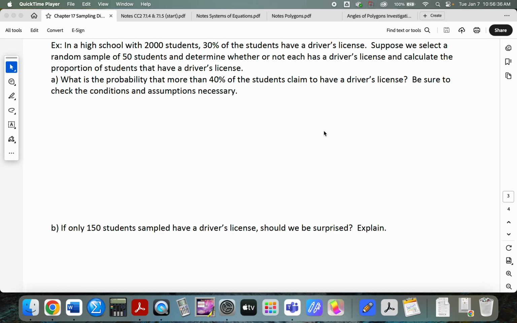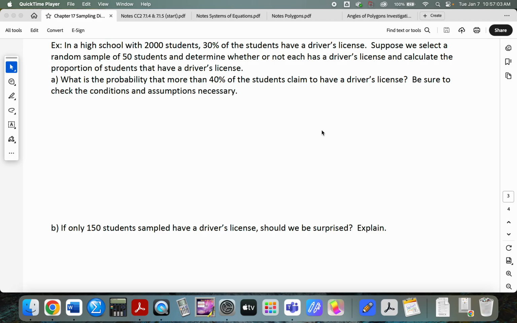So we're finding a sample proportion. It bugs me that they say proportion. My math brain says they should be saying percentage. But when they say proportion, they're really saying what percentage.